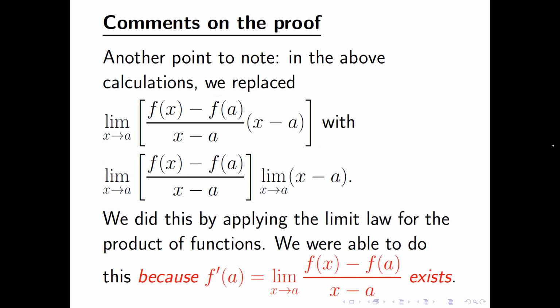So at the end of the day, we have shown that f prime of a is equal to the limit as x approaches a, because this part does exist straight away from the theorem.